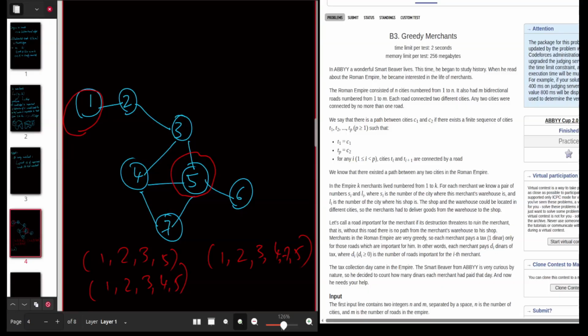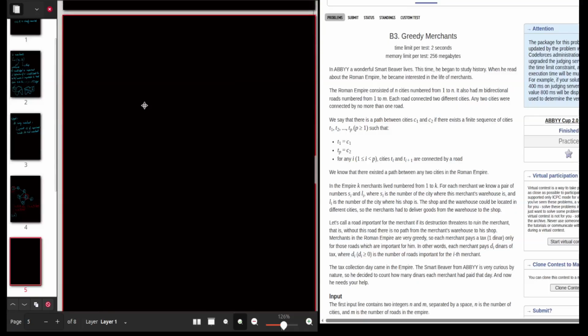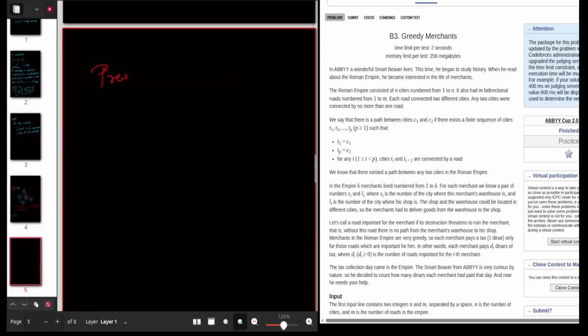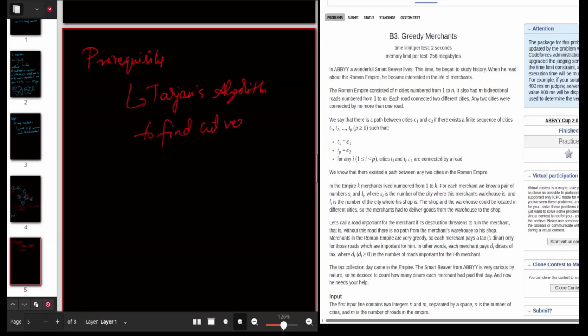And the prerequisites for solving this problem are Tarjan's algorithm to find cut edges in a graph, and then binary lifting. You can read about them on the internet, or I will also explain them in other videos on this channel. I'll explain clearly what it is and how to arrive at such a solution.